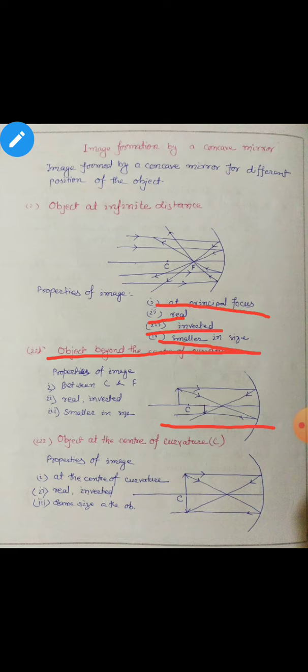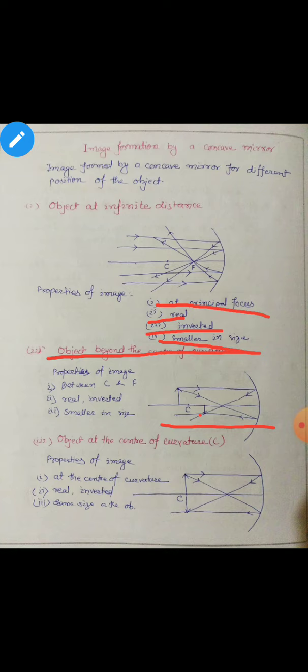And the second ray, which passes through the focus, after reflection becomes parallel to the principal axis. Here both the rays are intersecting at this point, and at this point only the image of the object will form.